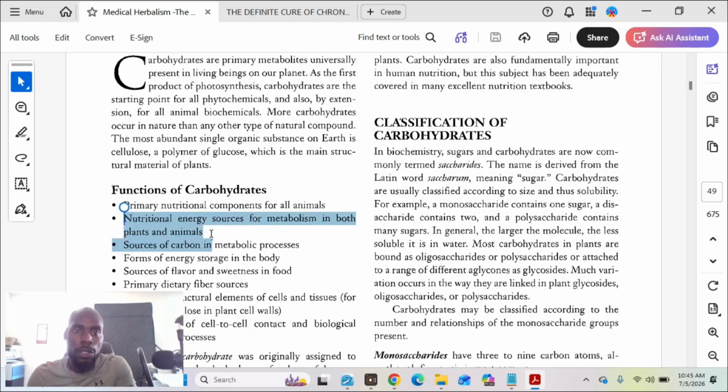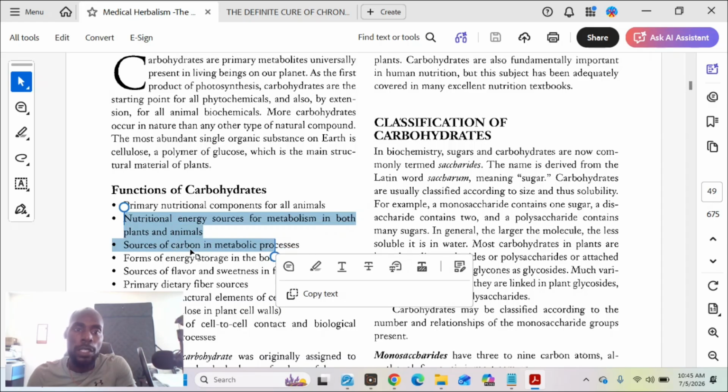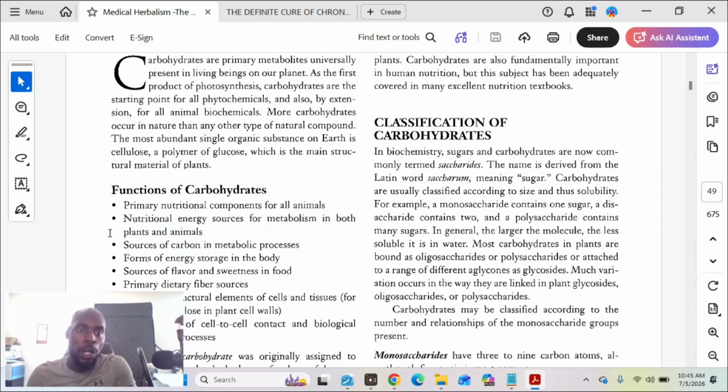Nutritional energy source for metabolism in both plants and animals. Sources of carbon in metabolic processes. So we know that the body converts what we consume into sugar for energy. So that's going to be one of the main reasons that we need carbohydrates.